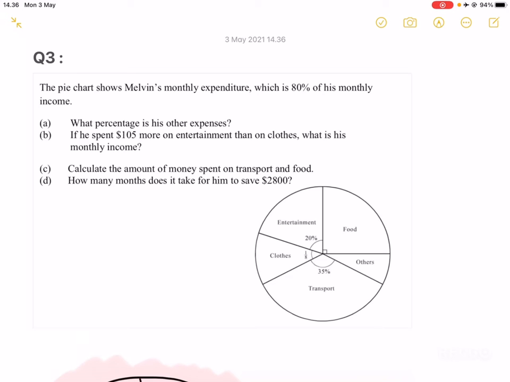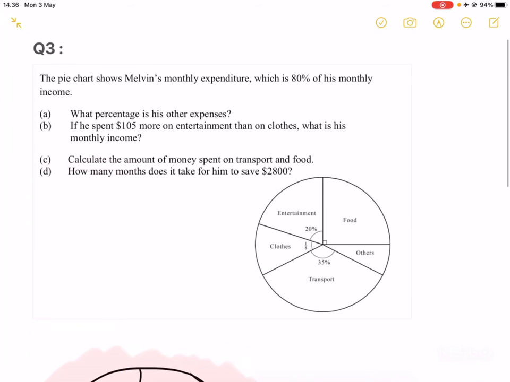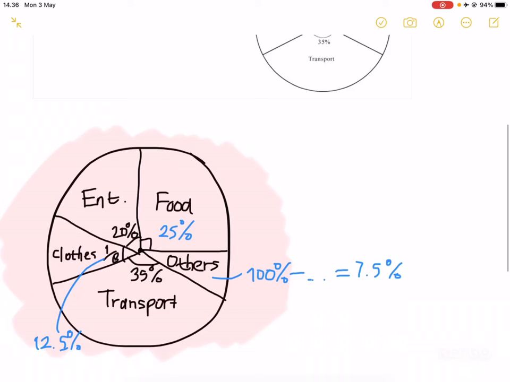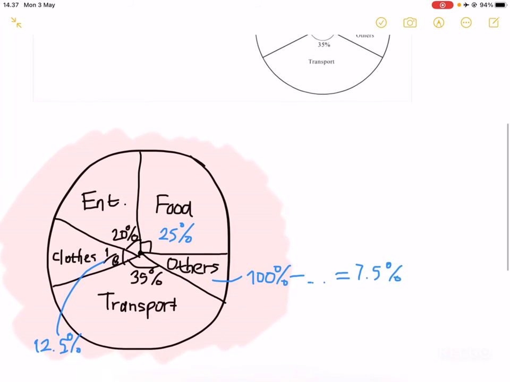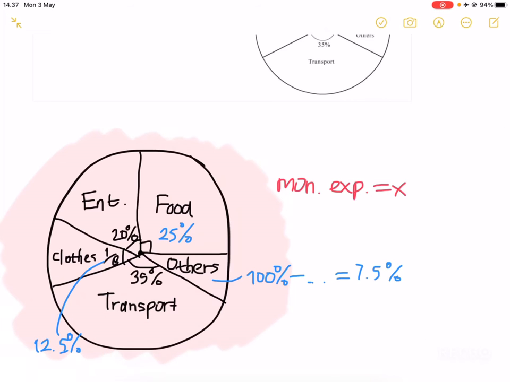And for part B, if he spent $105 more on entertainment than on clothes, what is his monthly income? So actually, this entertainment class right here represents 20% of his whole monthly expenditure. And we can suppose that his monthly expenditure is equal to some variable x.